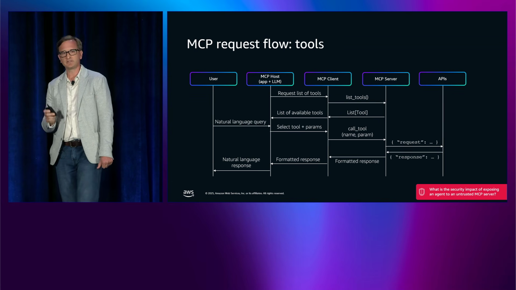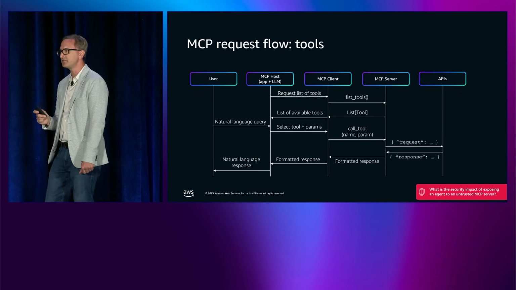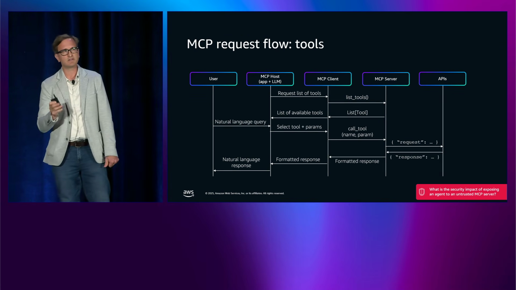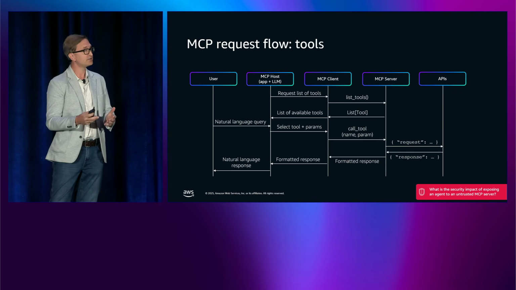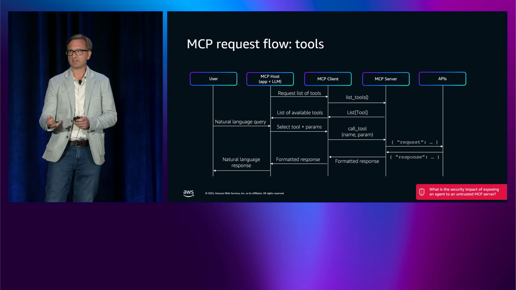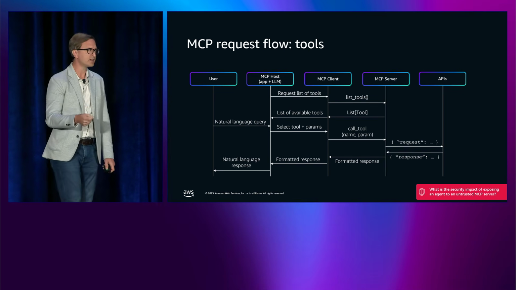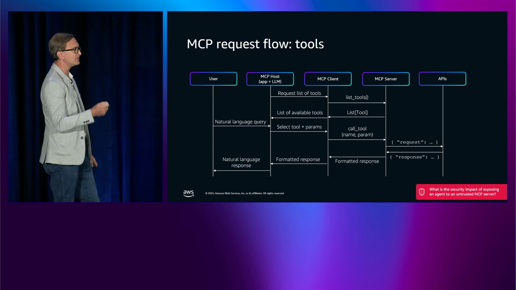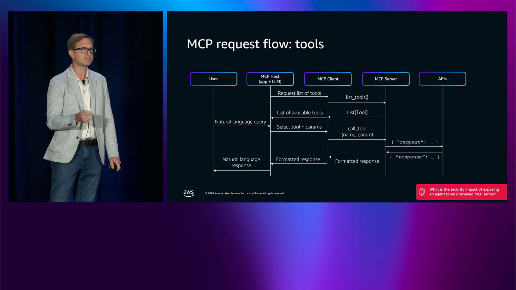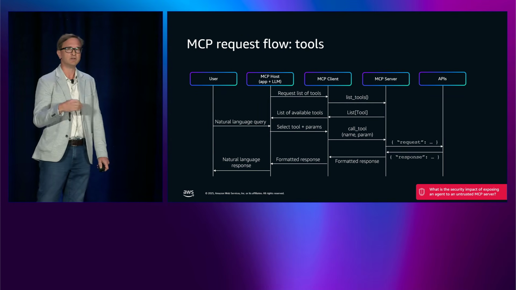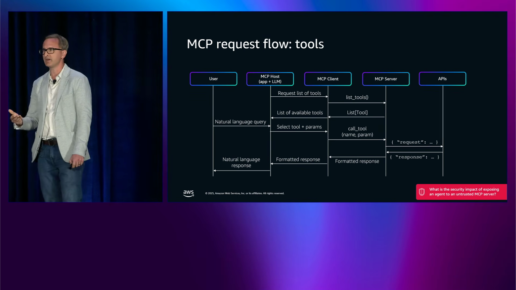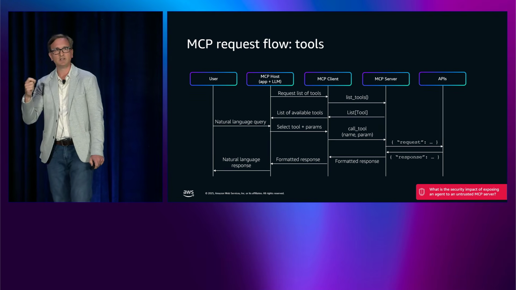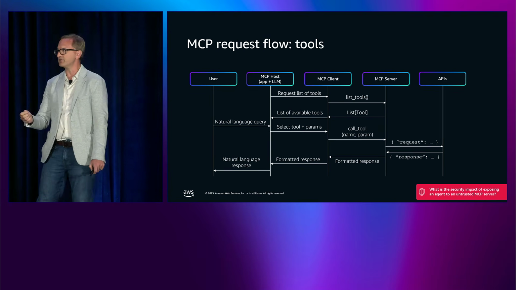Those tool definitions, or in this case, the MCP server's list of tools, can include natural language descriptions of those tools themselves. And so you can prompt inject directly from those descriptions, and these are the sorts of considerations you need to make when you are exposing your large language model-based applications to MCP servers and other tools such as that.